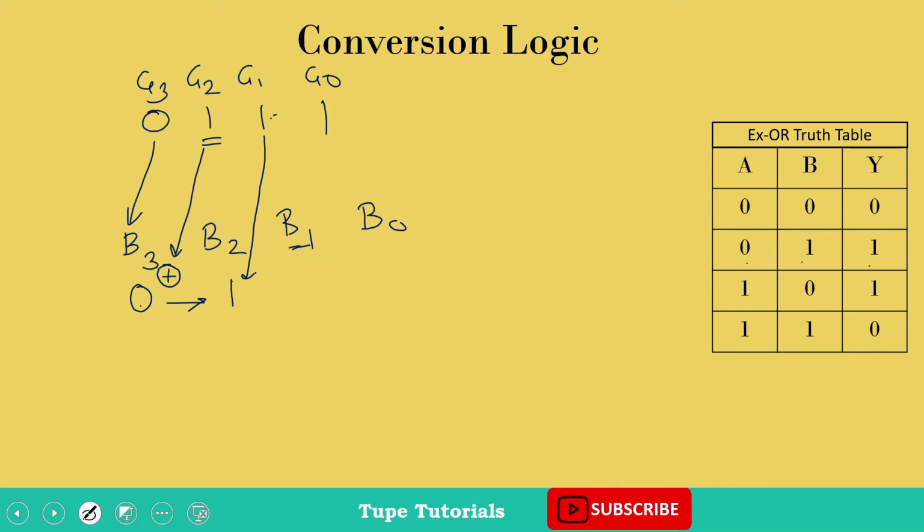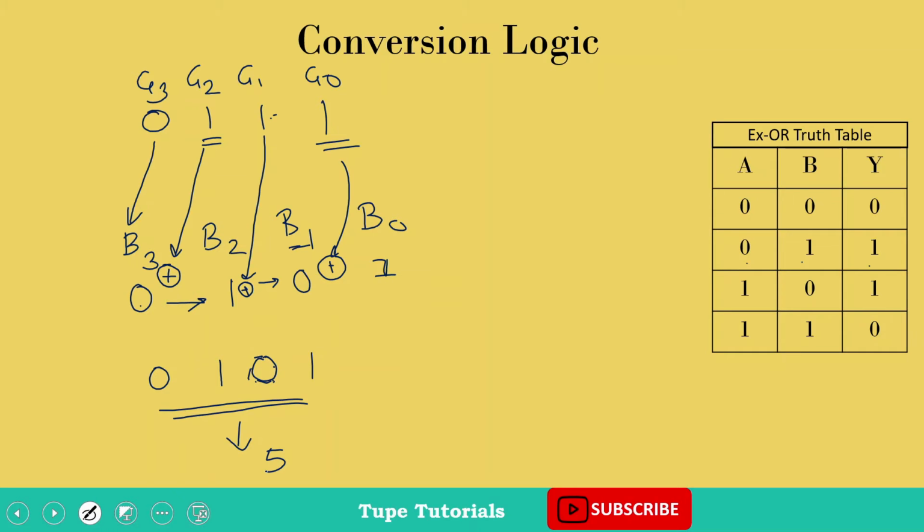That is 1 XOR 1, we will get 0. For B0, we will take G0 and B1, that is the previous binary bit. So 1 XOR 0 will be 1. So what will be the binary output? 0101. So this is the binary, right? 0101. And if you convert it into decimal, it will be 5. So for 5, we have the binary 0101 and the gray code is 0111.